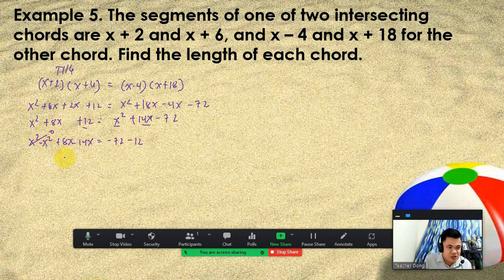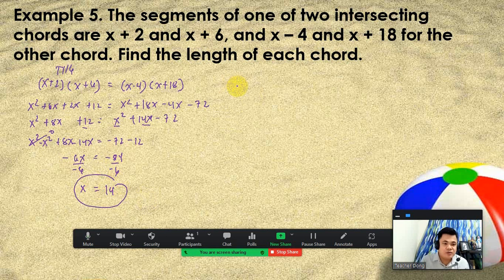Then 8x minus 14x is negative 6x. Then negative 72 minus 12 is negative 84. And then divide both sides by negative 6. So therefore, x is equal to positive 14.